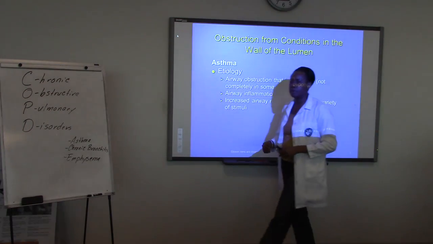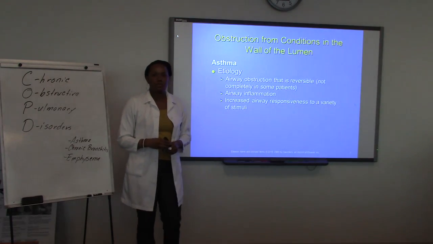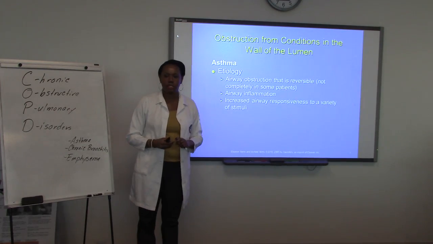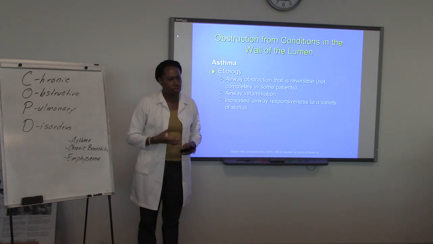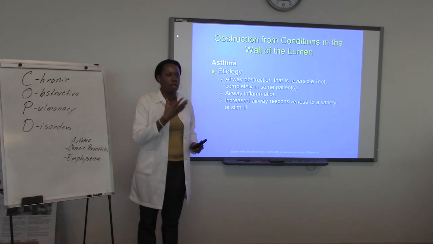And when we say reversible, that means it's reversible on a cellular level. We're going to go over the complete pathogenesis and break it all down, which means that what's occurring on the cellular level in that person that has asthma, in the bronchi, down in the lungs, it can be reversed.